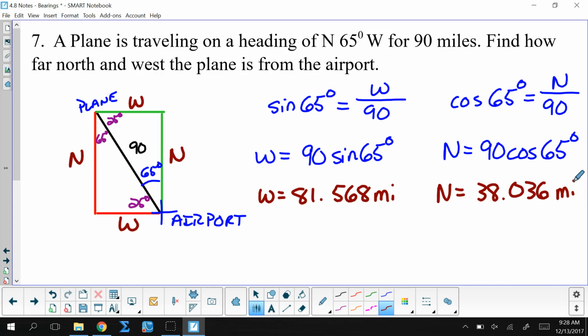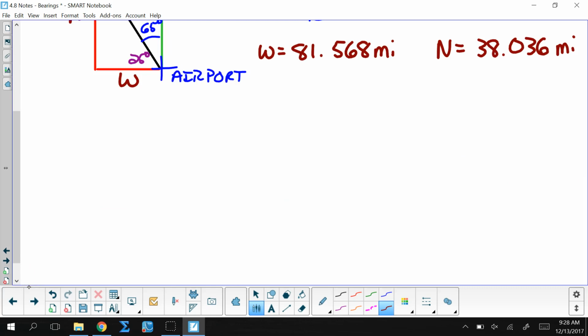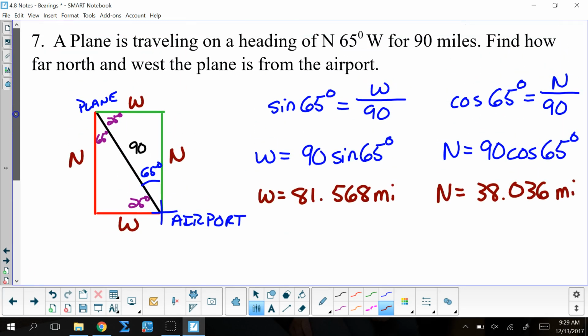Okay? So my plane is 30, whoa, tap the brakes. That was my book, actually, just hit that. My plane is 38.036 miles north and 81.568 miles west of the airport.